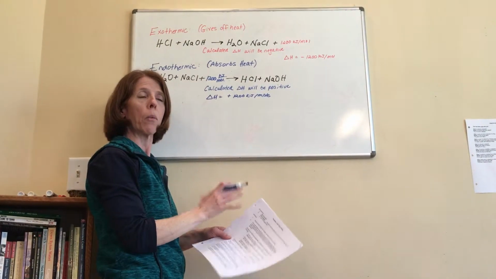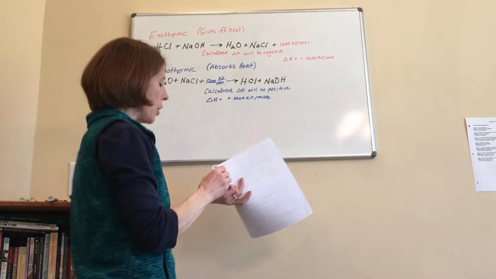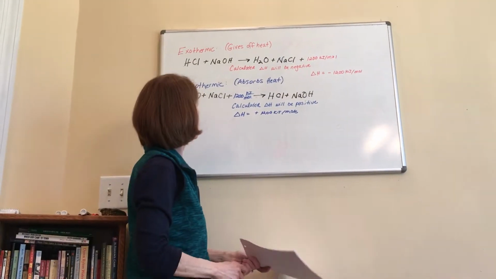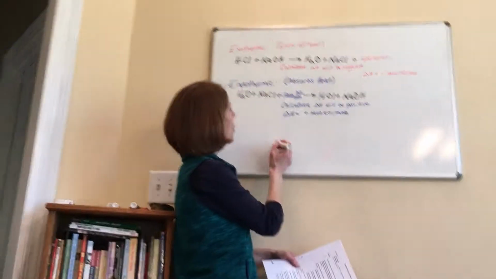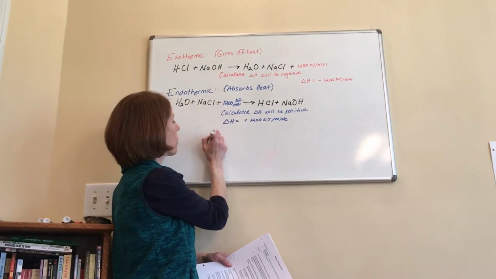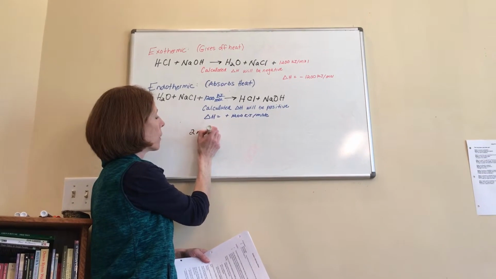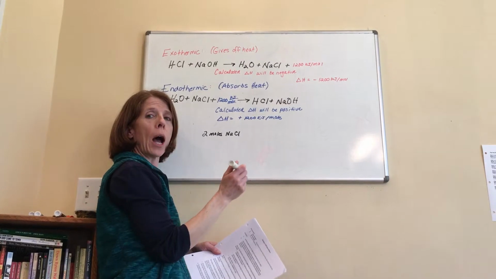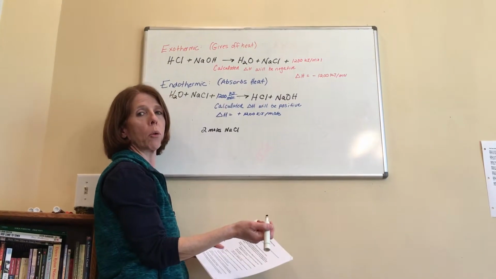What do I mean by that? Let's say that you ended up with, in an actual experiment, 2 moles of sodium chloride, and they ask you how much energy is going to be absorbed by that chemical reaction.